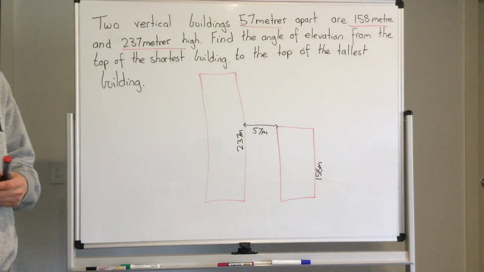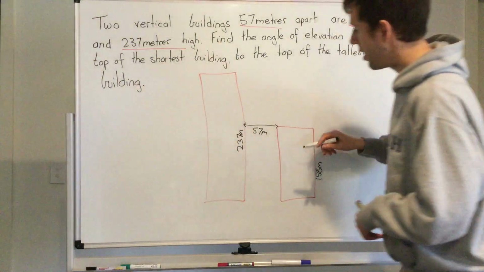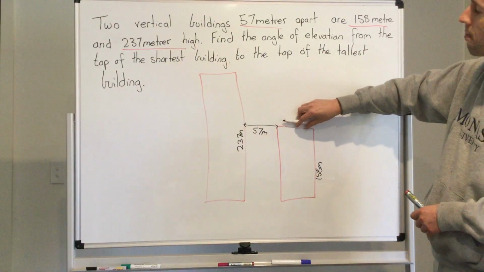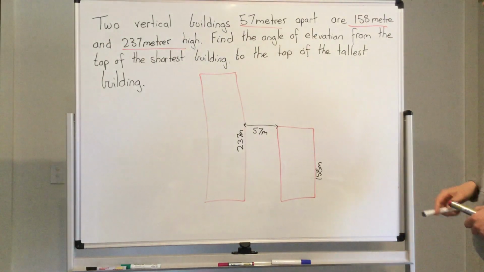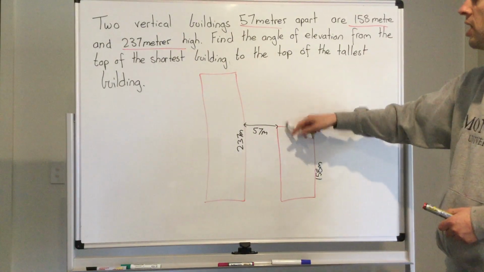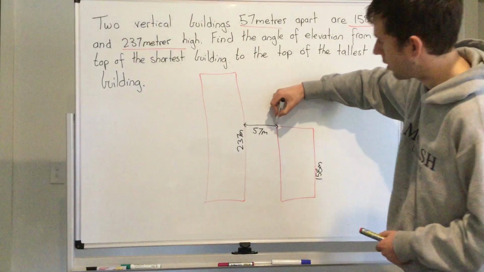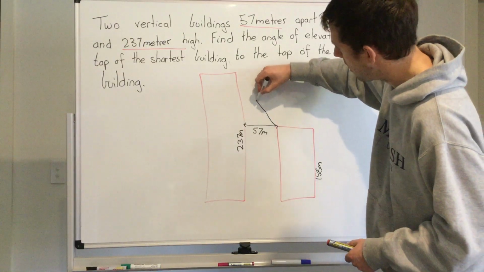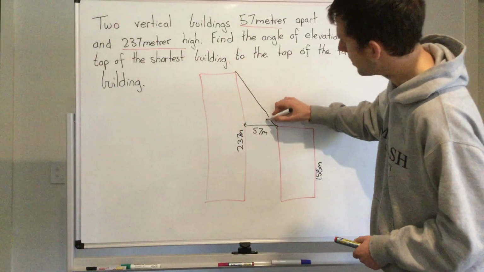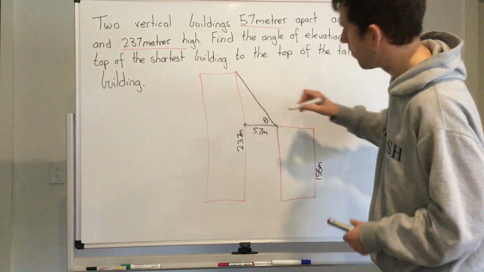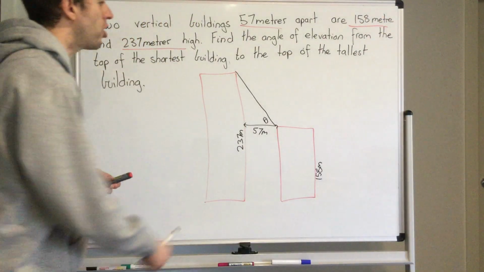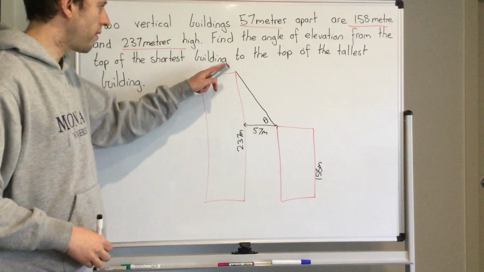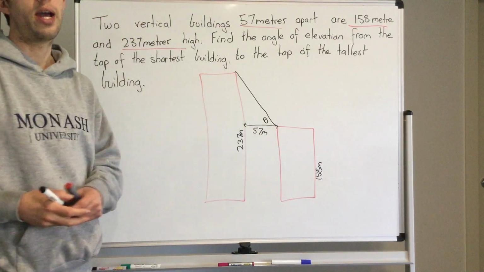Find the angle of elevation. If you remember, elevation is we're starting on the horizontal and moving up, to find the angle of elevation from the top of the shortest building to the top of the tallest building. So we're looking at this elevation right here, this angle. The first thing we need to do is we've only got one side at the moment, so we need to find another side of our triangle.